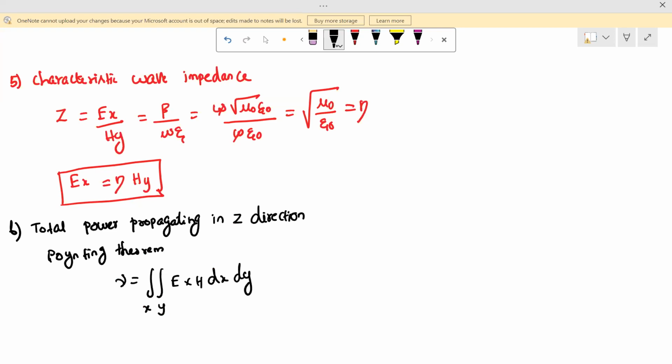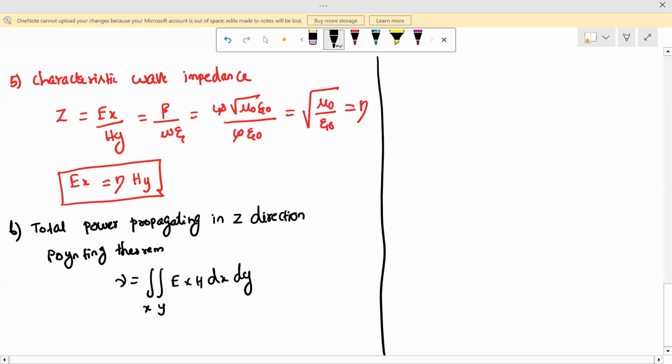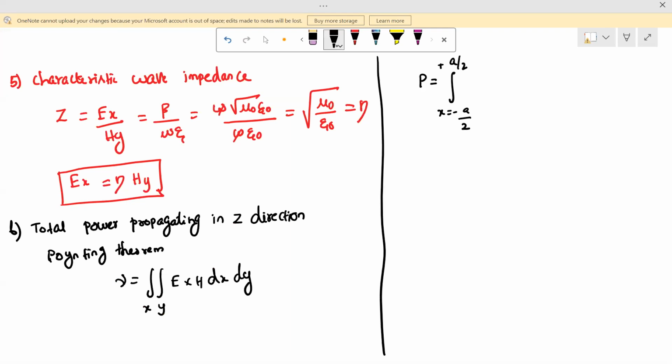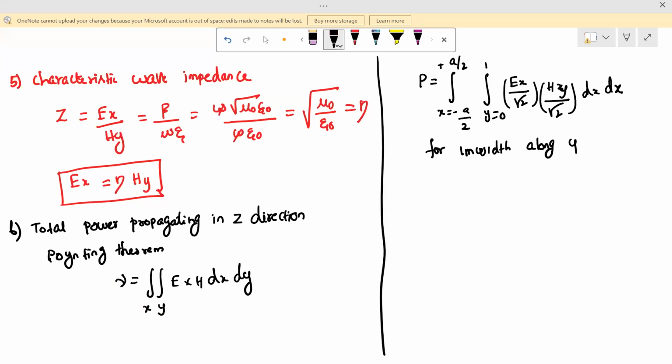Let us calculate this. As per Poynting theorem, we can write P is equal to integral x from minus a by 2 to plus a by 2, integral y from 0 to 1, of Ex by root 2 into Hy by root 2 into dx dy. And this is for 1 meter width along y direction.